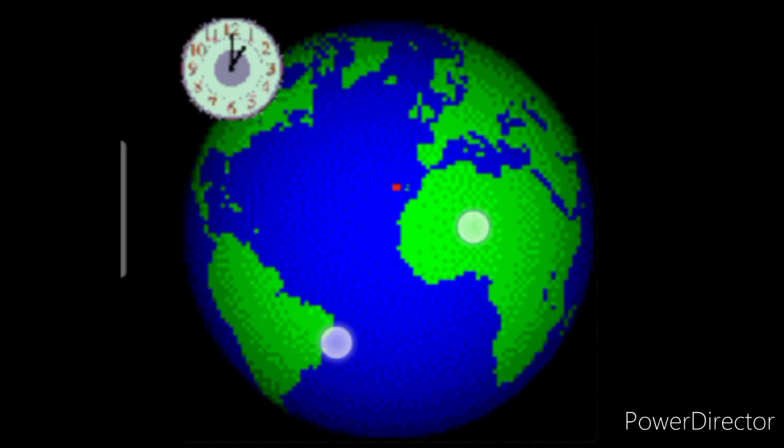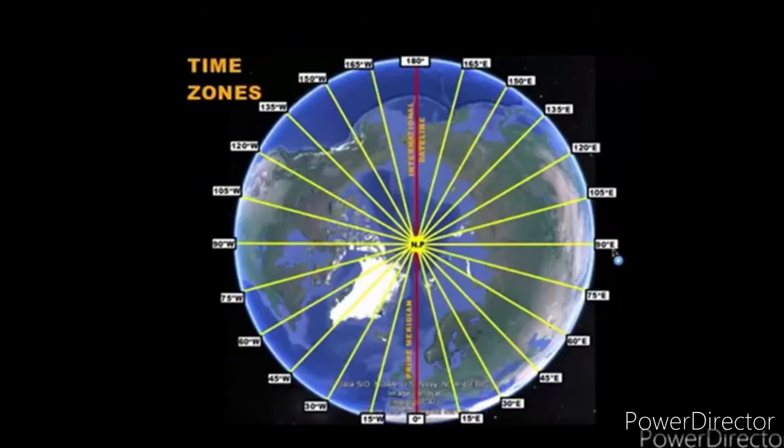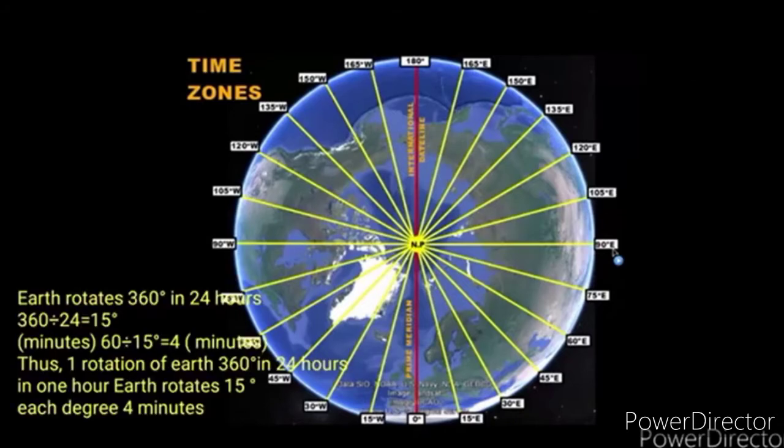The Earth takes 24 hours to complete one rotation and thus the Earth is divided into 360 degrees of longitude.